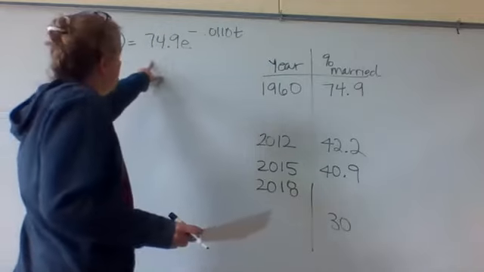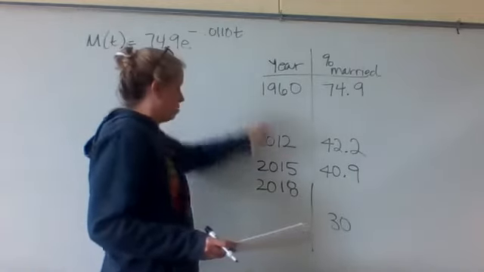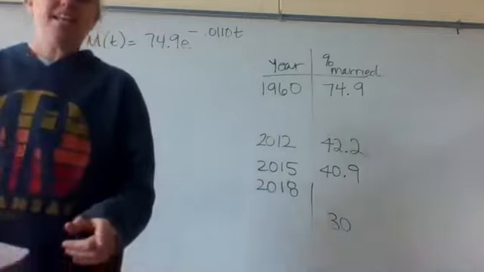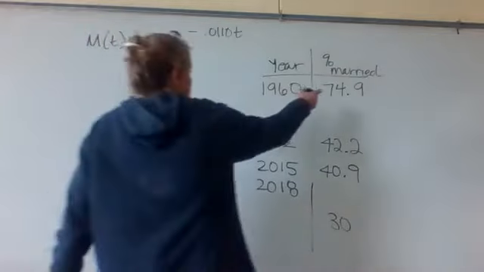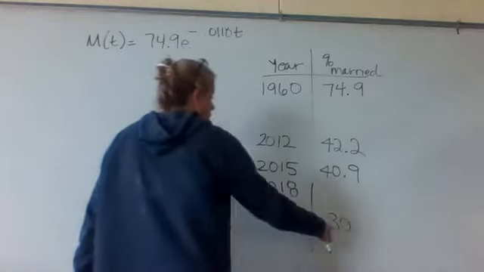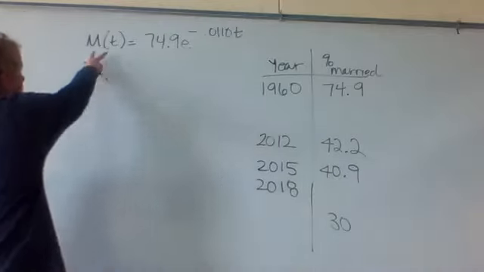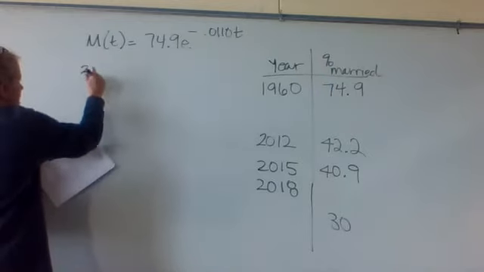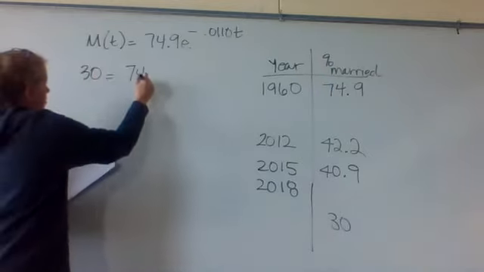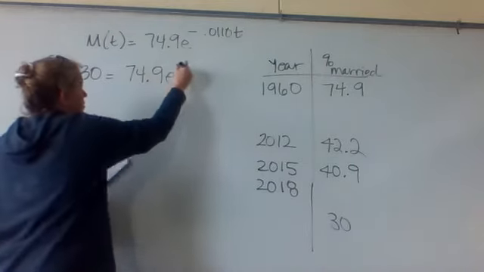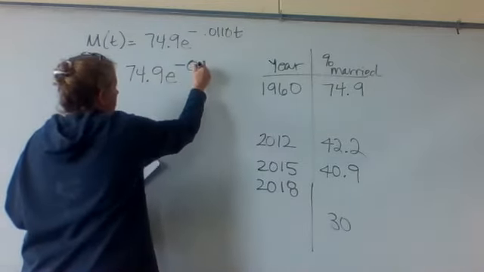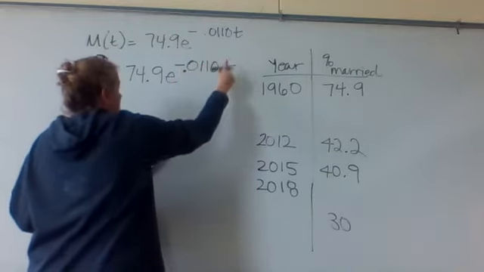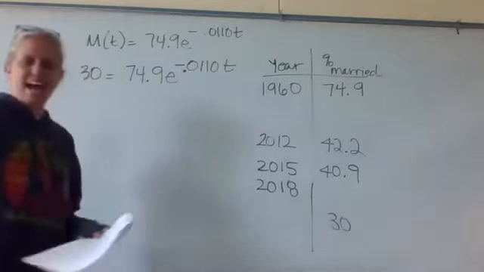So what all do I know? I do not know, I'm trying to find this year. So I don't know the t. I do know the beginning amount and the end amount. Where does that end amount number go? Always right here. That's where your end amount goes. That's the number I'm looking for, is that t.